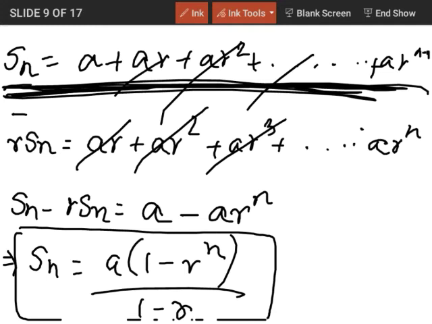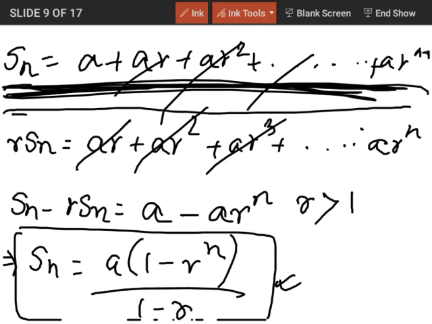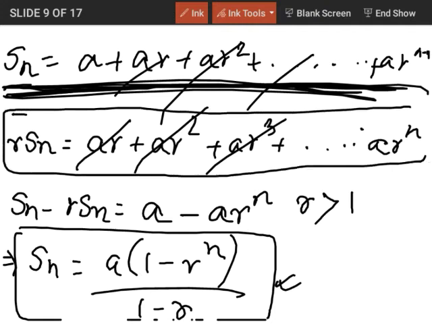Now see, a very important thing. I hope that this one is clear. Now if I take r greater than 1, then after multiplying the whole progression by r, this sum will be greater than the original sum.